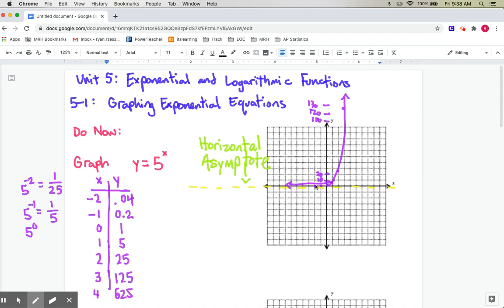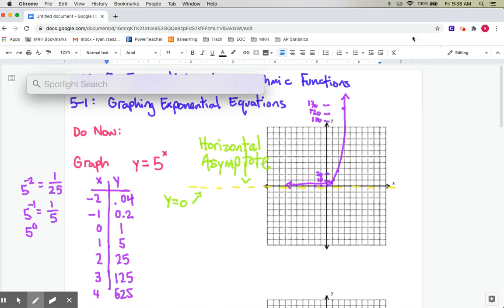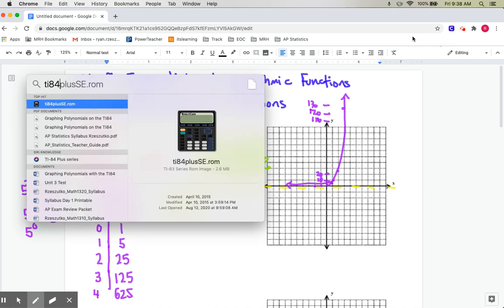A horizontal asymptote is a place where your graph levels out and goes flat. It doesn't actually, in this situation, ever equal 0, but the horizontal asymptote for this picture would occur at the value y equals 0.